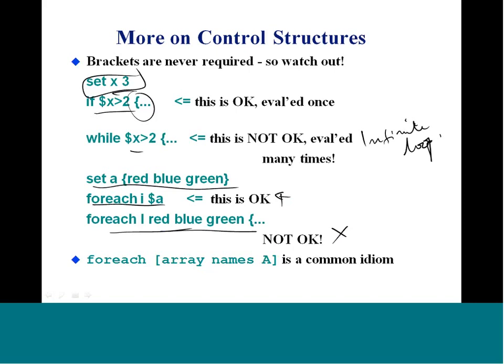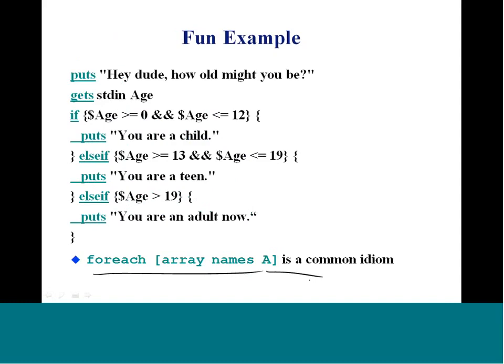It basically just errors out because it gets confused, as we know that foreach takes just 2 arguments, 1 and 2. So once it sees more words, it errors out. And then foreach array names A, this is a common idiom in Tcl/Tk.